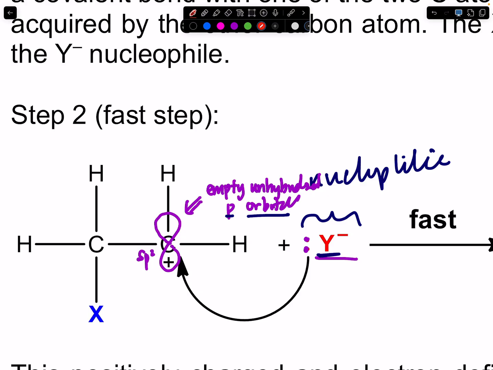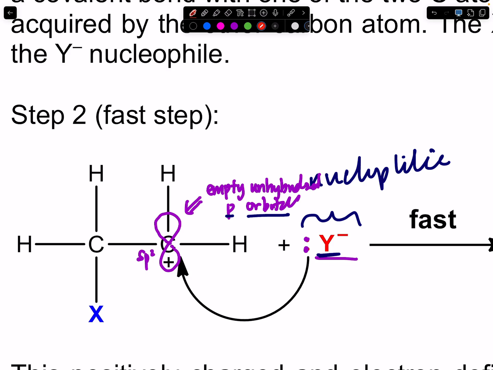And this unhybridized p orbital will accept the lone pair of electrons from Y minus. So therefore the lone pair goes into the empty p orbital of carbon. Understand, guys?